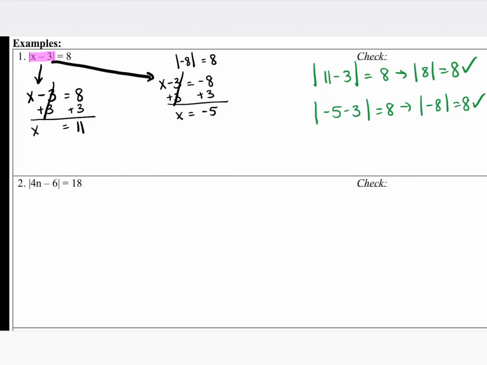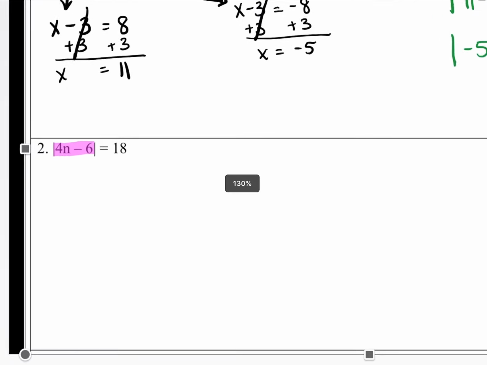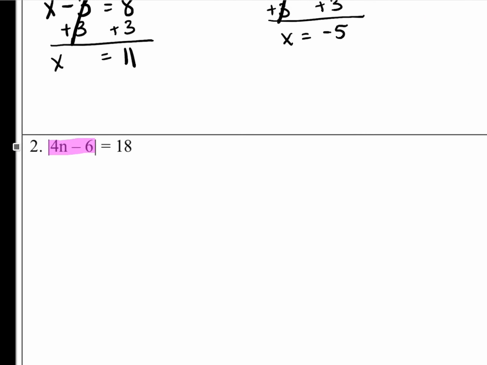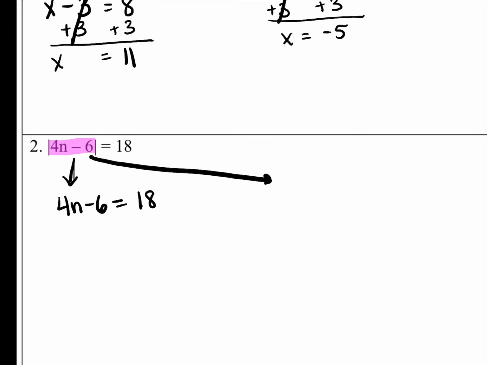With our next example, we have the absolute value of 4n minus 6 equals 18. So again, what can this value that we have inside of our absolute value symbols equal to spit out a positive 18? This quantity, 4n minus 6, could be equivalent to positive 18, but it could also be equivalent to negative 18.